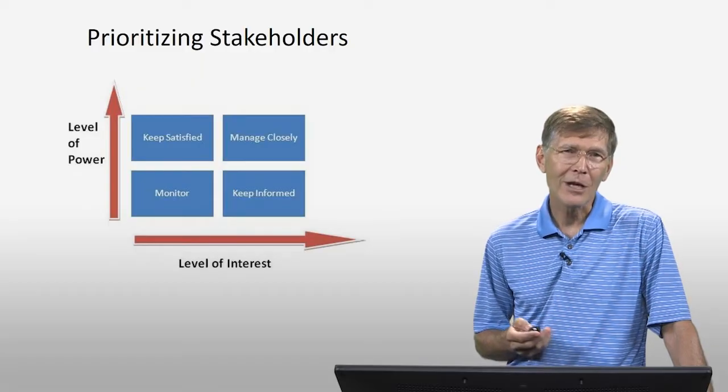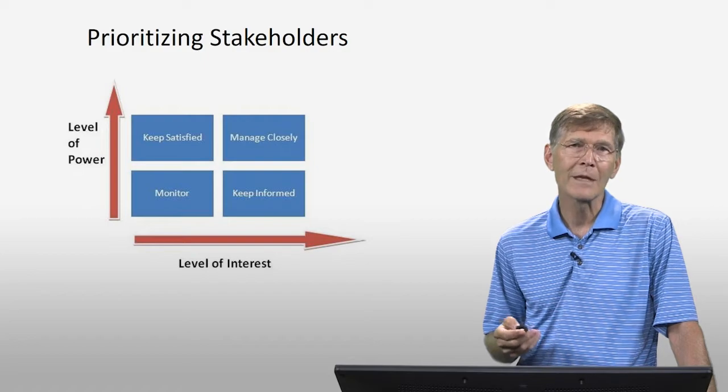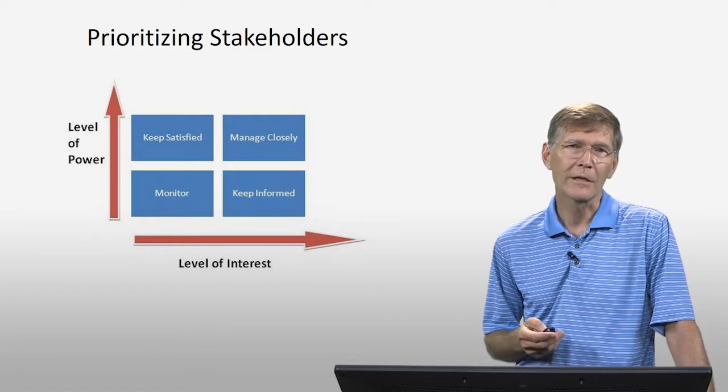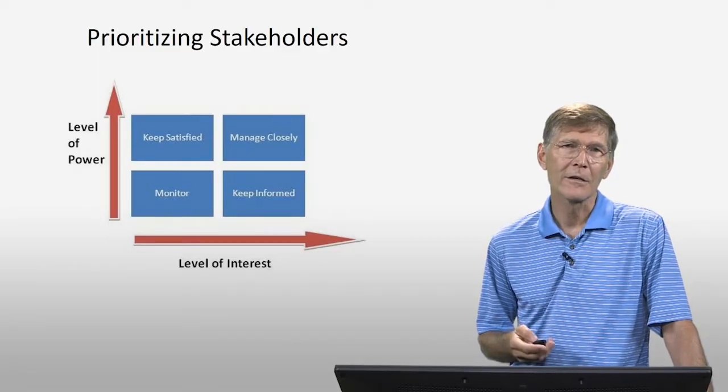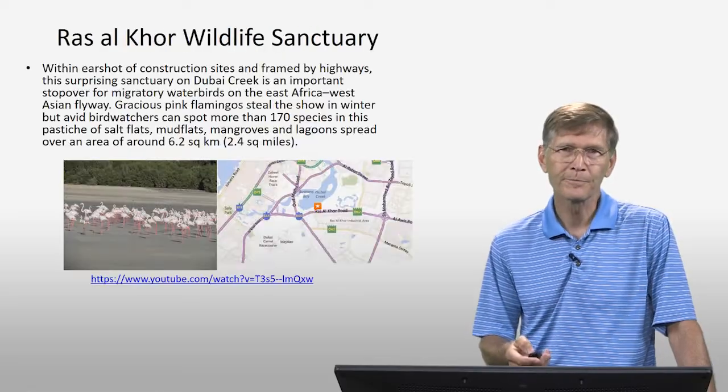You don't have to worry about it. Generally, environmental groups fall in that top right box because they can always go to the media, they can always make a lot of trouble. So you have to manage them very closely. And obviously your clients who are paying all the bills, you have to manage them closely as well.